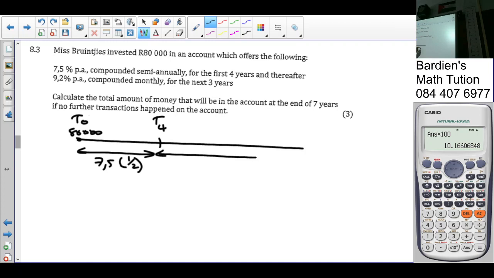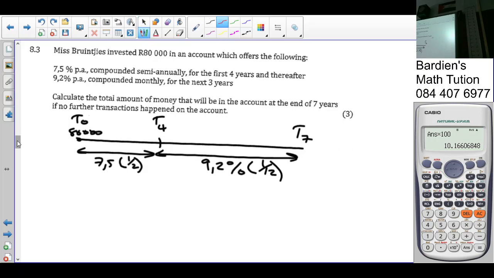Thereafter, 9.2% per annum compounded monthly for the next 3 years. Calculate the total amount of money that will be in the account at the end of 7 years if no further transactions happened on this account.